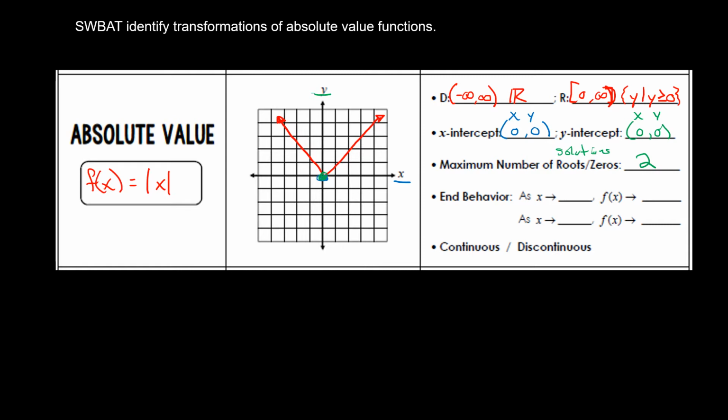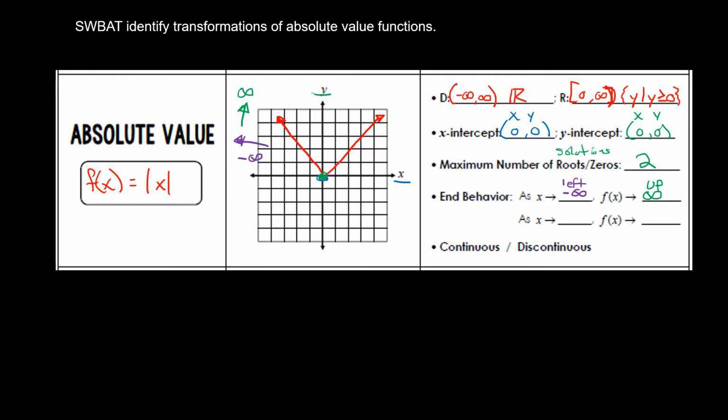So now let's talk end behavior. As x is approaching negative infinity, so as I am going forever to the left, I write that here. As we're going forever to the left, my graph is doing what as far as y is concerned? We'd be going forever up to positive infinity.